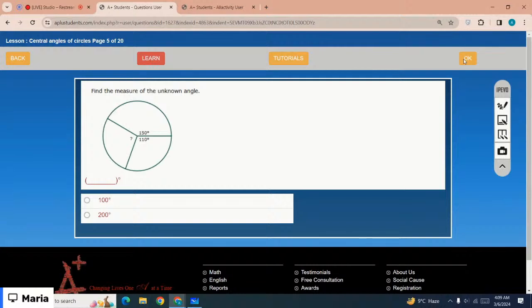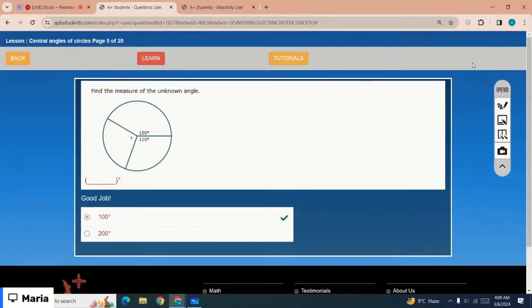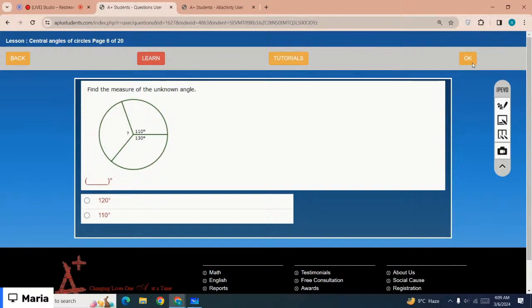Yes, the correct option is 100 degrees. We are on grade 6. Find the measure of the unknown angle. Which is the unknown angle?